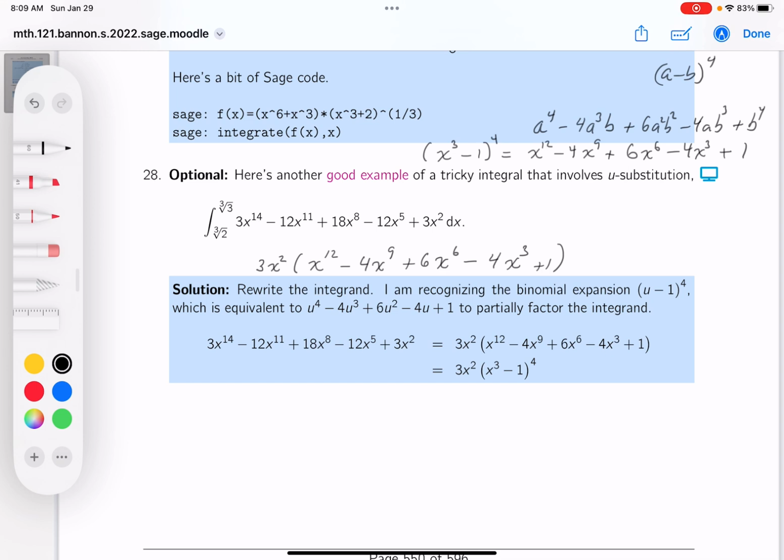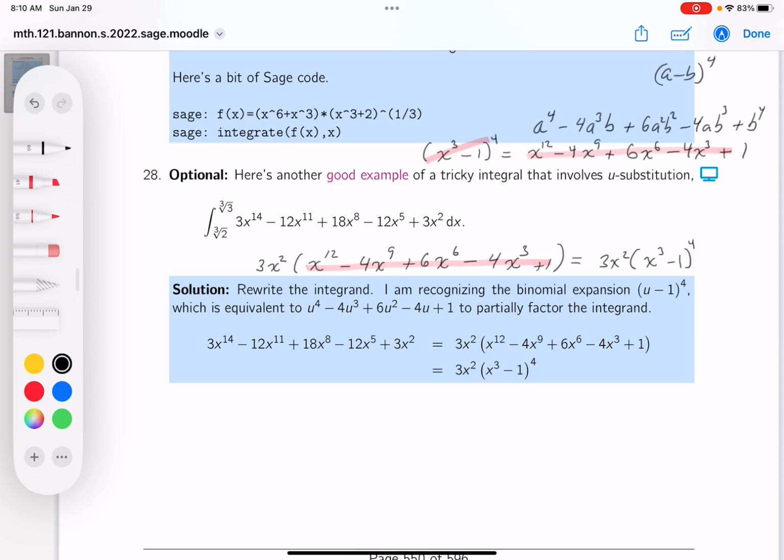What I mean by that is, if I did what I said over here, I get x12 minus 4x9 plus 6x6 minus 4x cubed plus 1. So you write that down. This is equal to 3x squared times x cubed minus 1 to the 4th power.